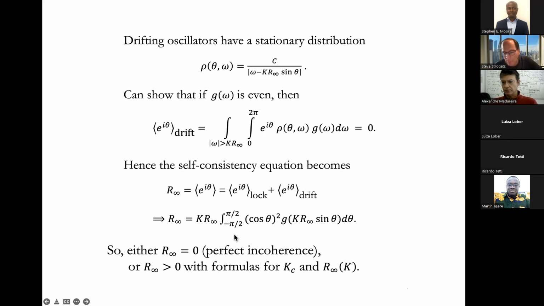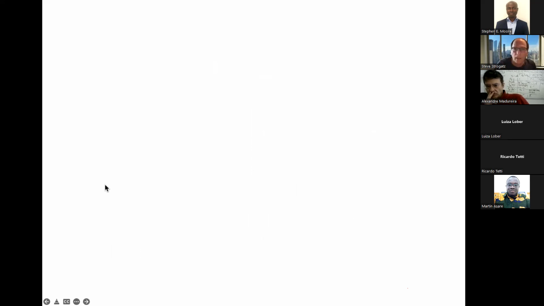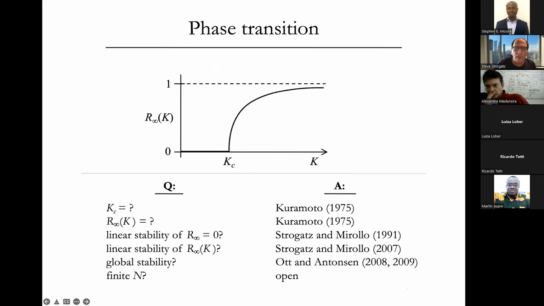And it's an implicit expression, but if you're interested in where that bifurcating branch comes off the x-axis, you can look at the limit as R infinity goes to 0. That's where that branch meets the axis. If I go back in my pictures here, let's see. What I'm referring to is this picture.